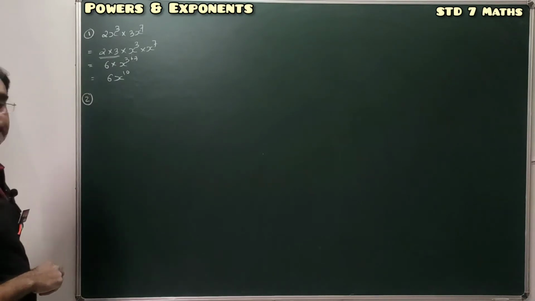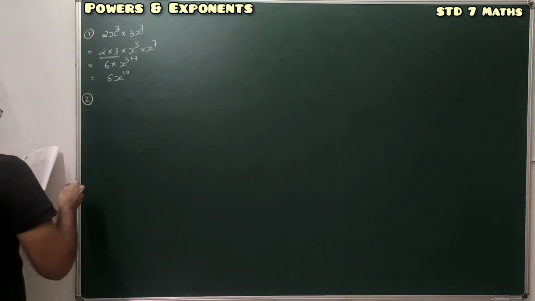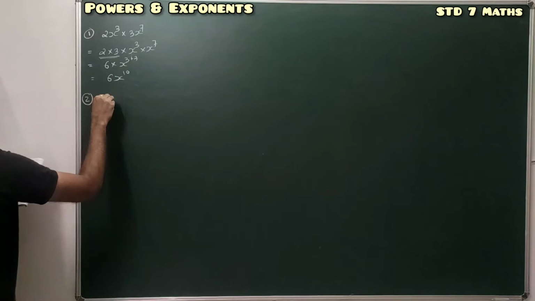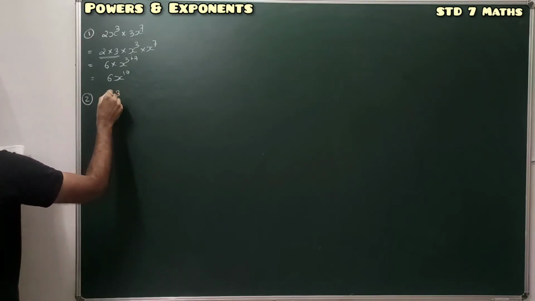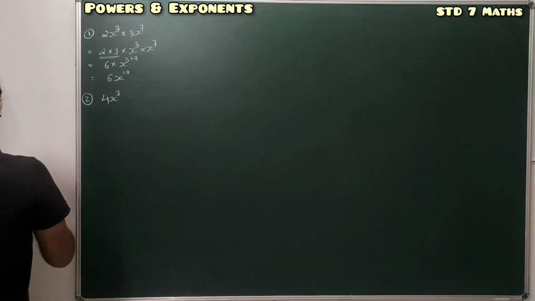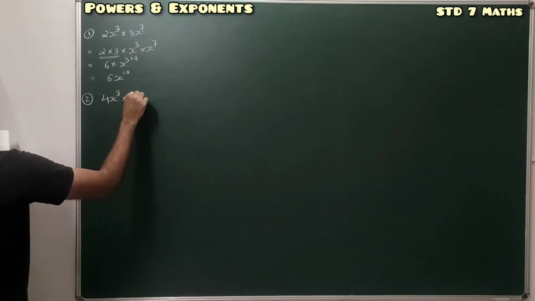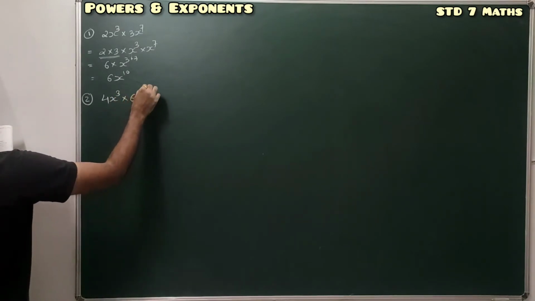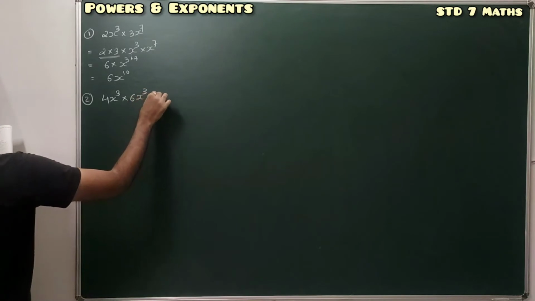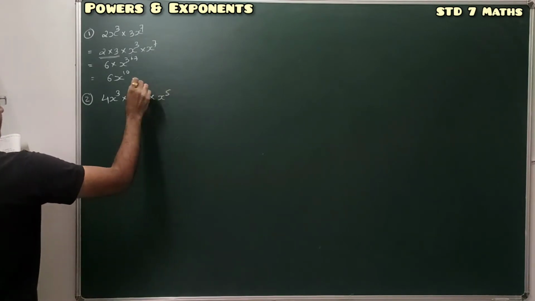Clear, students? Very good. Next, suppose we are given 4x square into 6x cube into x raised to 5.